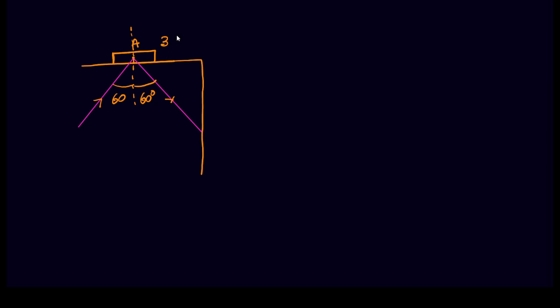Now look at this: as the mirror is rotated, the reflected ray also rotates. We call this angle theta, by which the mirror is rotated. Then after some time the reflected ray comes to here like this, at a distance which we call y.